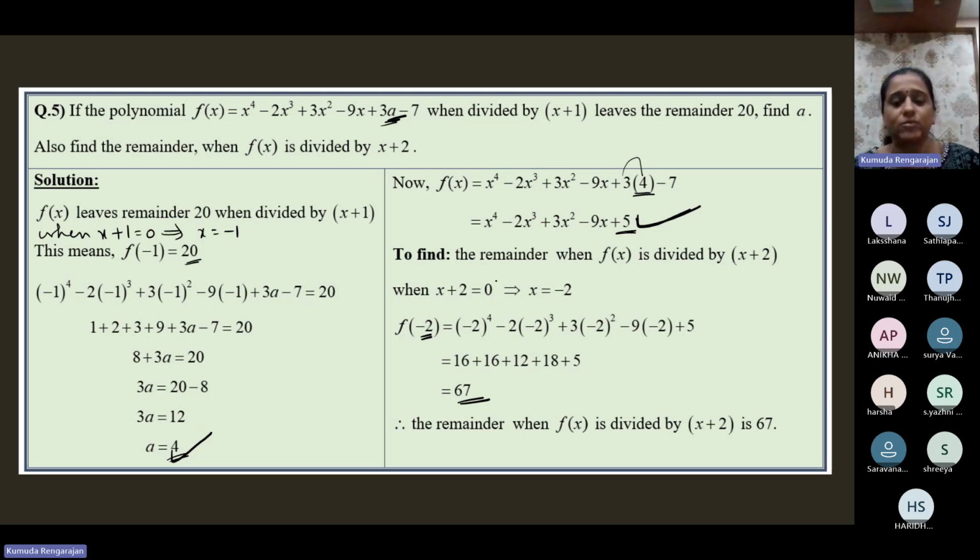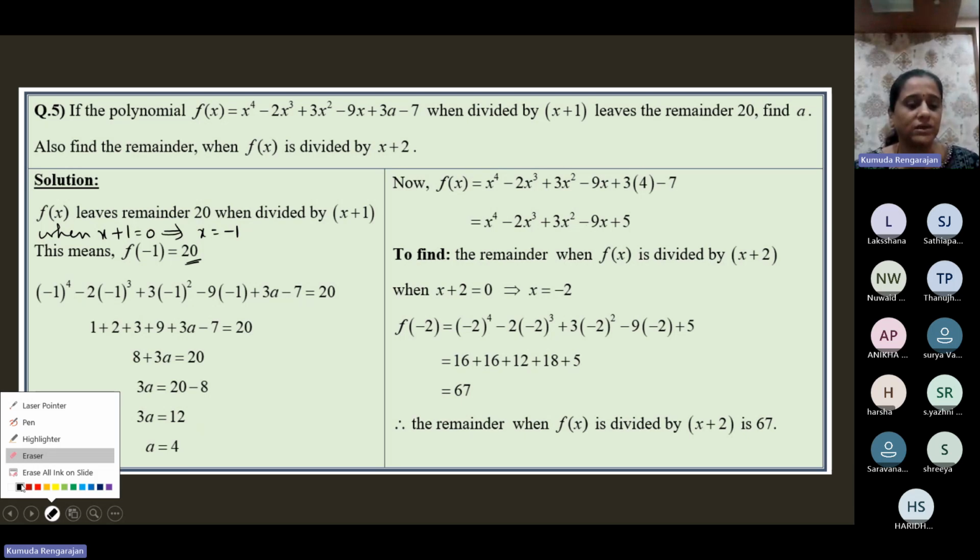So minus 2 to the power 4, minus 2 into minus 2 the whole cube, plus 3 into minus 2 the whole square, minus 9 into minus 2 plus 5. So the value is 67. So when you divide f of x by x plus 2, the remainder will be 67.